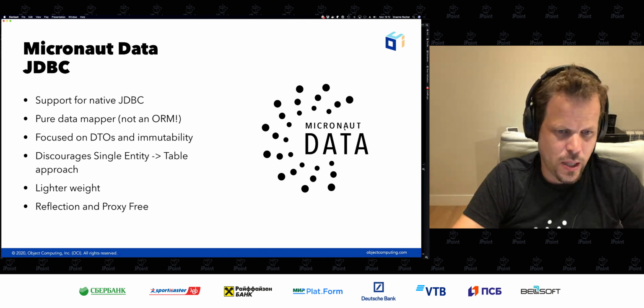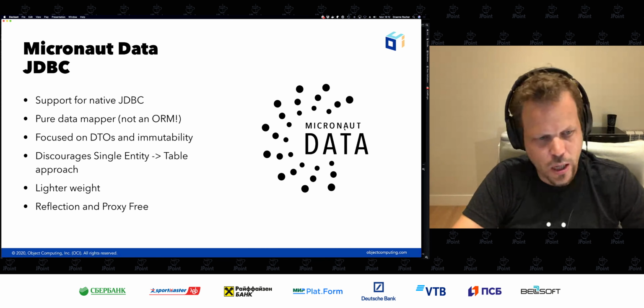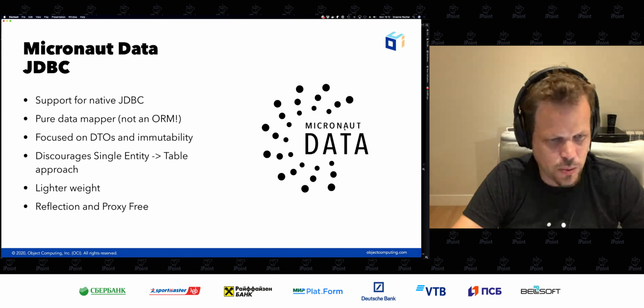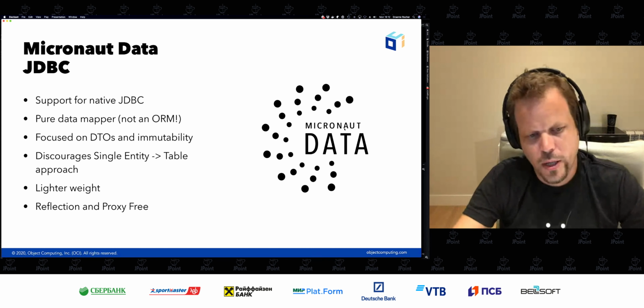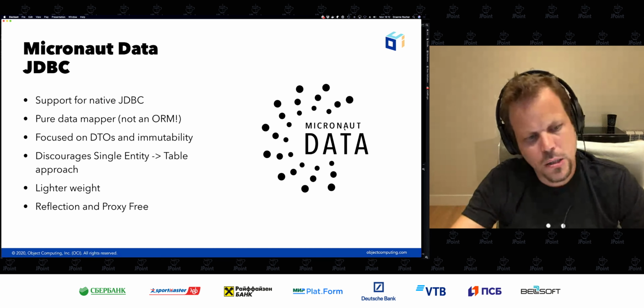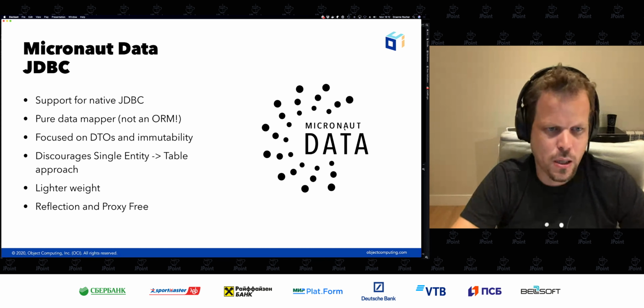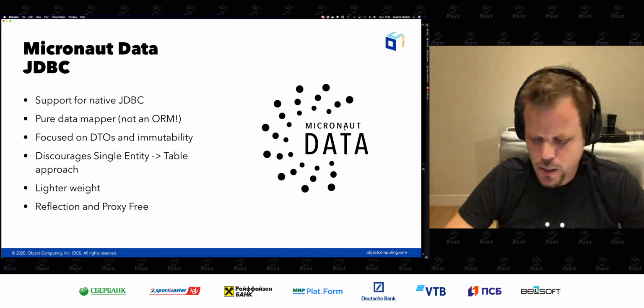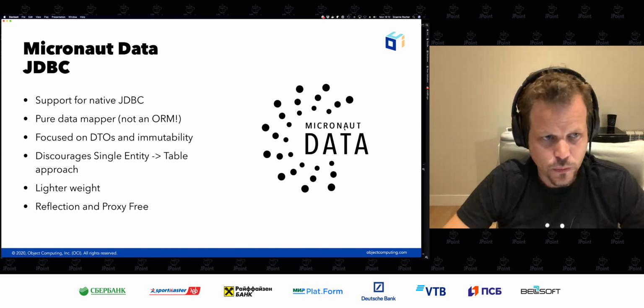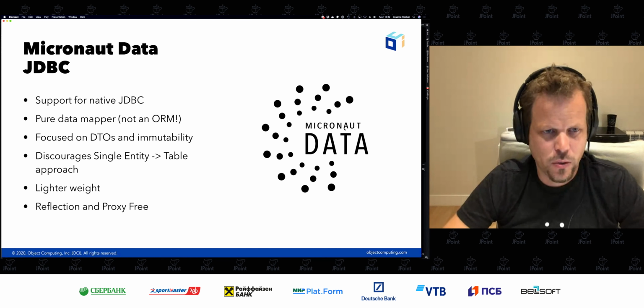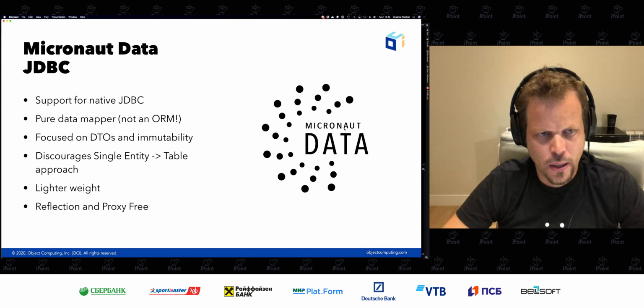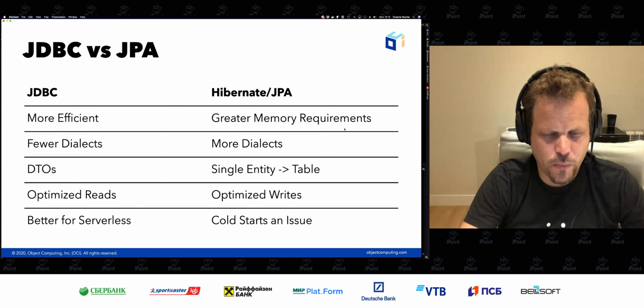It's not necessarily the case that you have a single entity to a table approach. You might have multiple data transfer objects. It's all about fetching the right data at the right time, and it's much lighter weight, and it's completely reflection and proxy free. So I think Micronaut Data JDBC is the really interesting part of Micronaut Data.